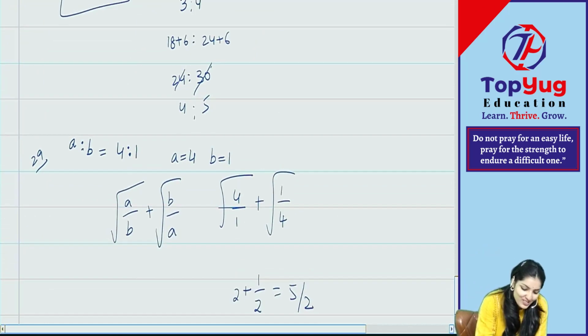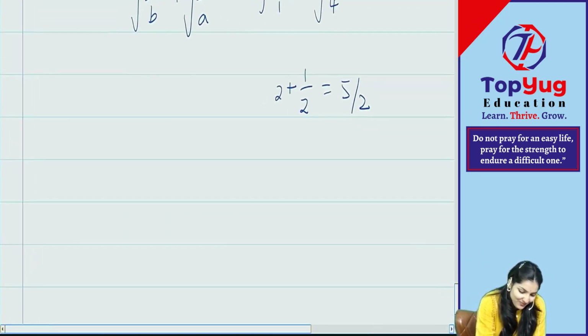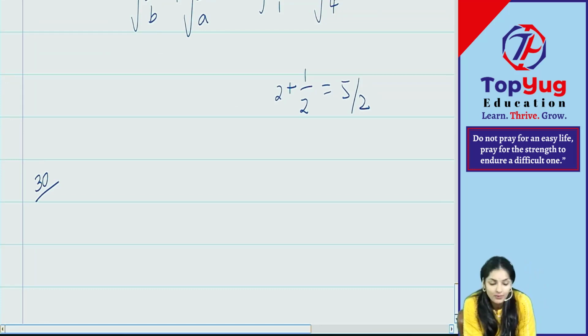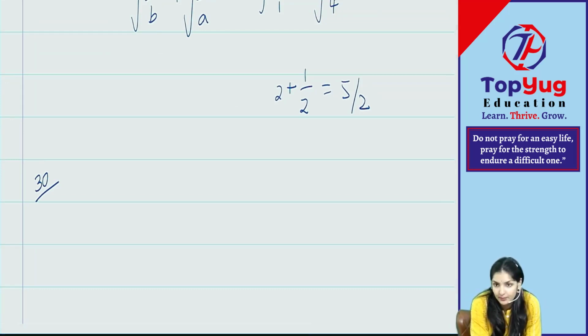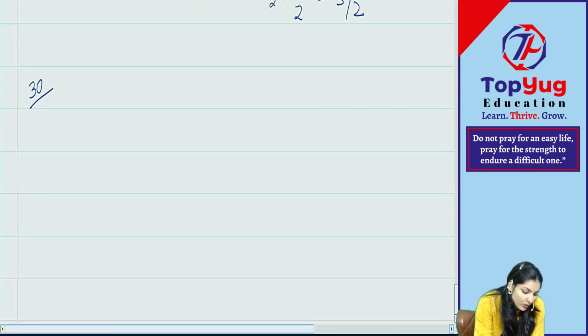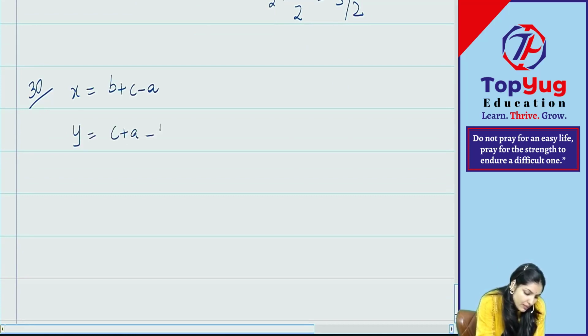30th one. Now this is my favorite problem. So listen carefully. Here there is no trial and error method, but we have to use the substitution method. How we will do the substitution is x is equal to b plus c minus a, y is equal to c plus a minus b, z is equal to a plus b minus c.